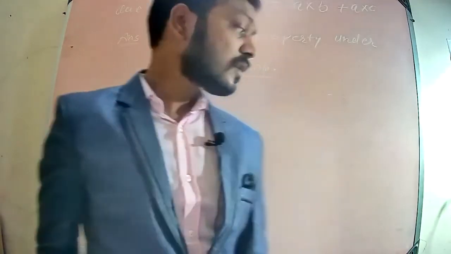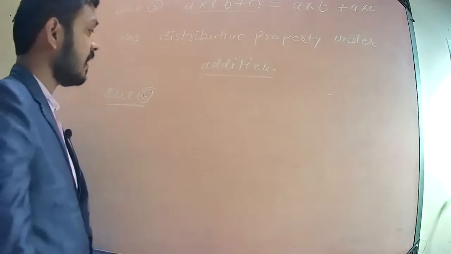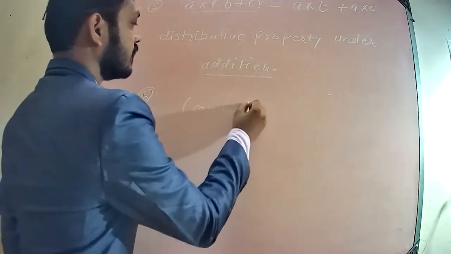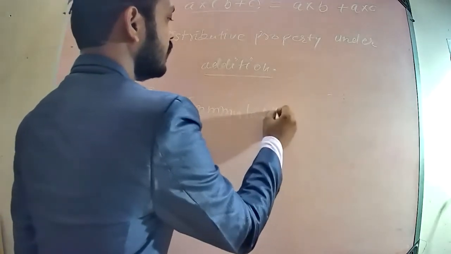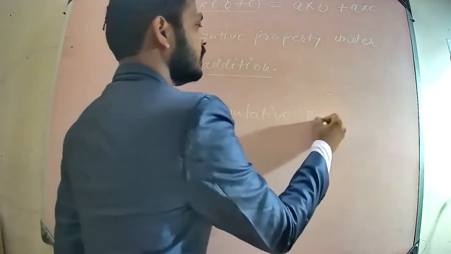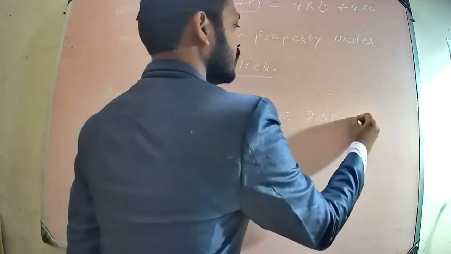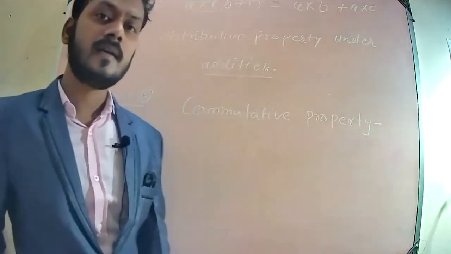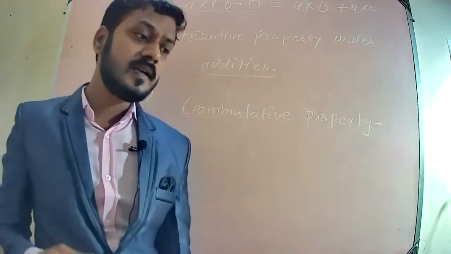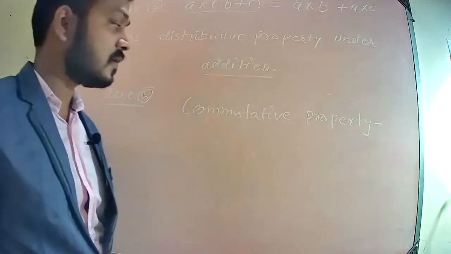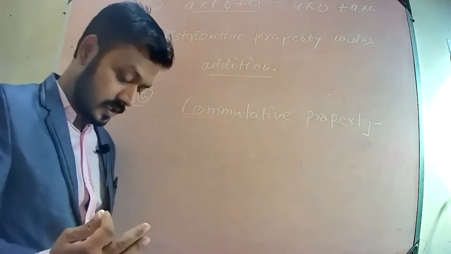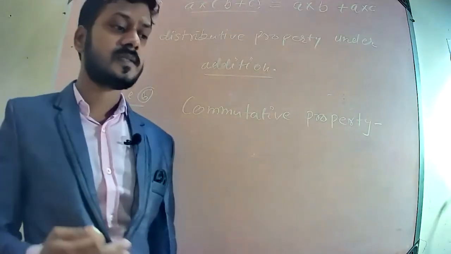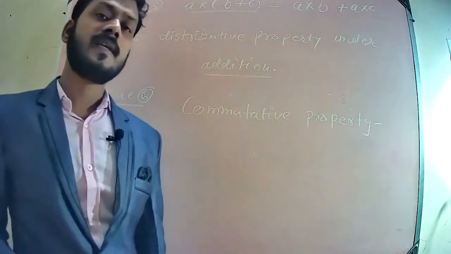So what is the meaning of commutative property? It holds under addition, under subtraction, under multiplication, and so on. So first check whether the given options are in the form of addition, subtraction, multiplication or division.